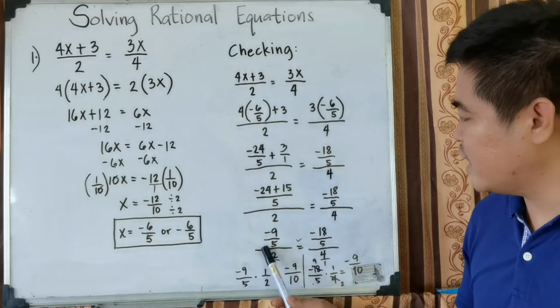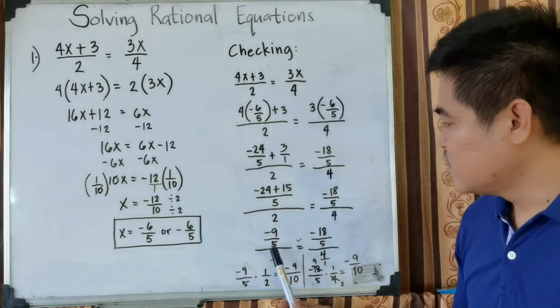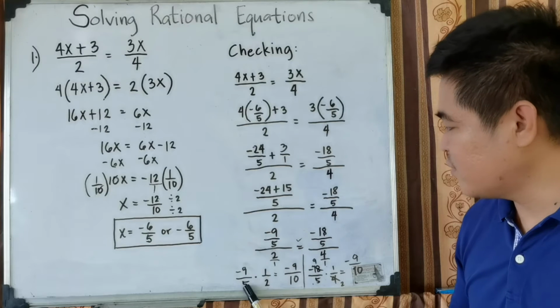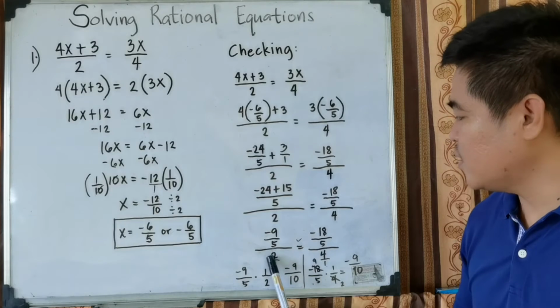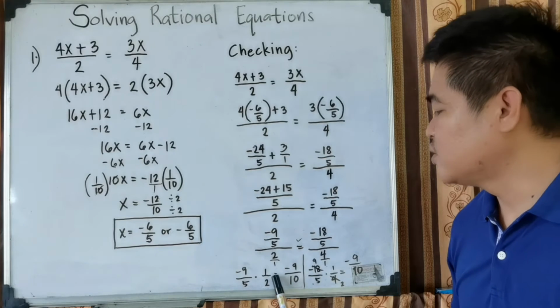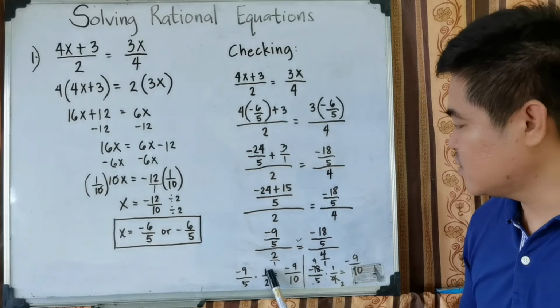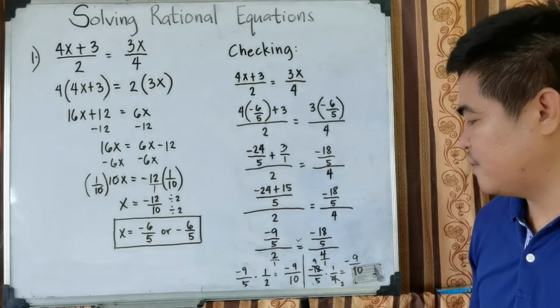This is our dividend. Multiply it by the reciprocal of the divisor. The reciprocal of 2 over 1 is 1/2. So you have negative 9 over 5, your dividend, times the reciprocal, 1/2. Multiply the numerators: negative 9 times 1 is negative 9. 5 times 2, that's 10.